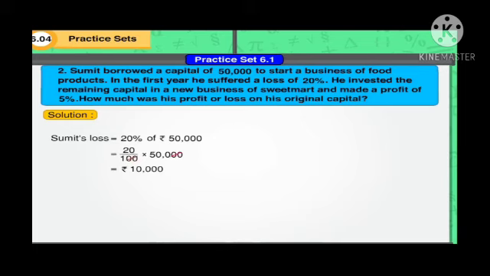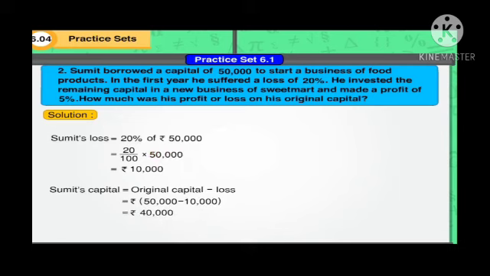Now, Sumit's capital is equal to original capital minus loss. Now his original capital is 50,000 minus loss 10,000, that is rupees 40,000.